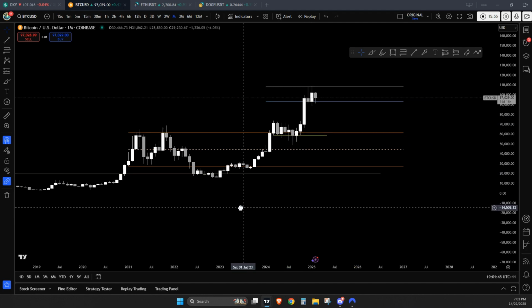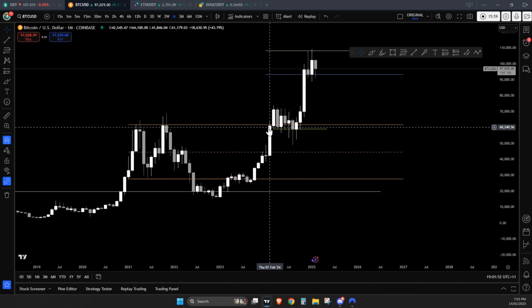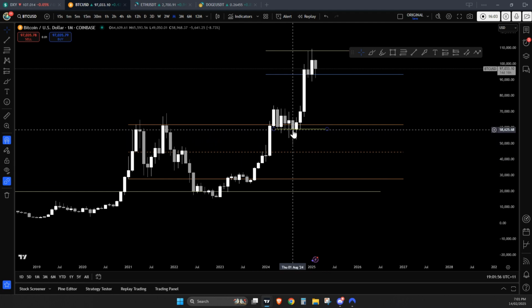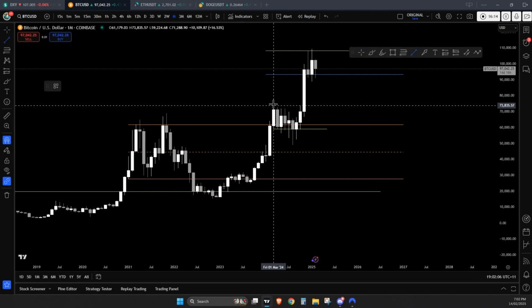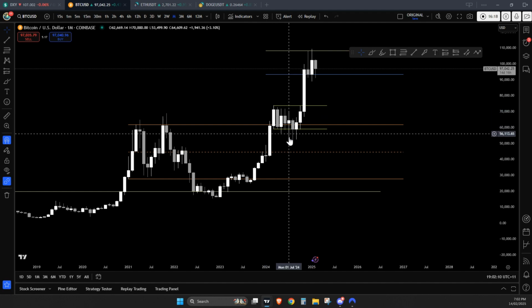I'm going to change it to yellow because that's my monthly color. If you look at that, we never close below that range. You could say slightly, and I mean very slightly here, we closed below with a very tiny close, but most of the time the body of the candle was stuck right there, from range high to low.